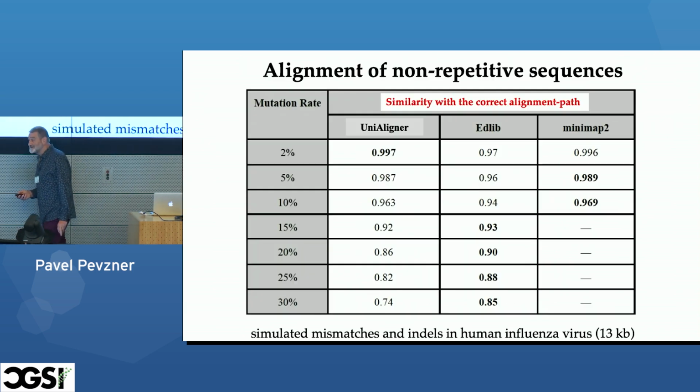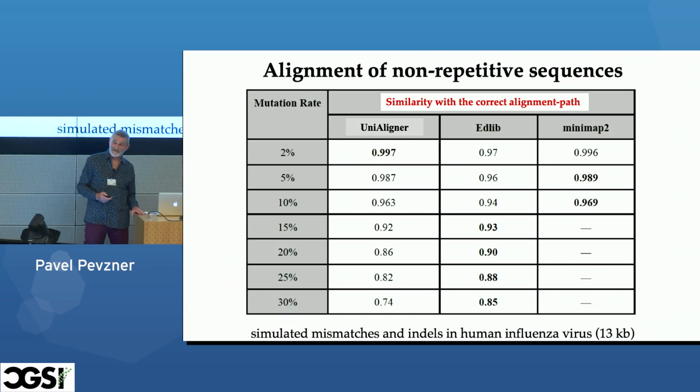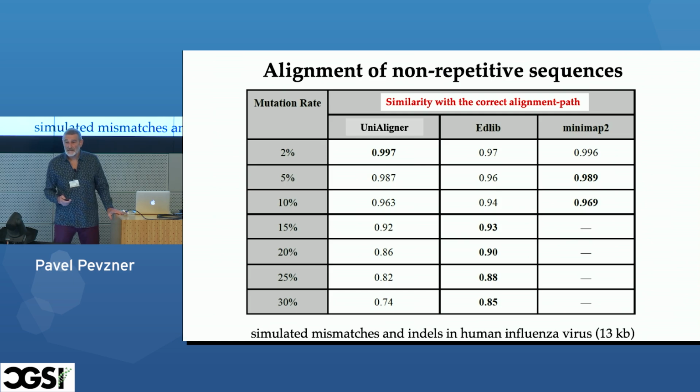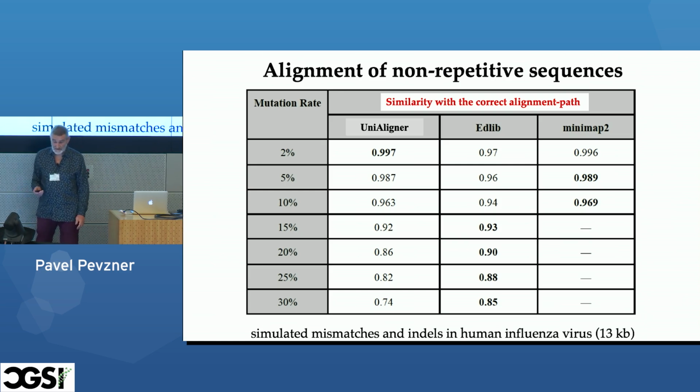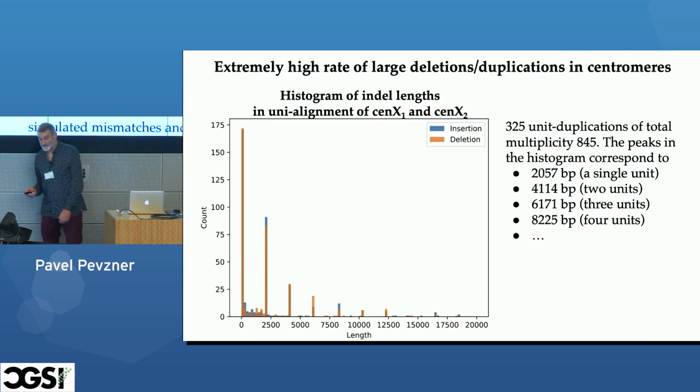What is interesting is that it was designed for highly repetitive regions, but as a matter of curiosity we decided to try it on regular regions. And it turned out that it worked very well on traditional non-repetitive regions. For regions that diverge by less than 10%, it performed roughly the same as the alignment tool or minimap, and continues to be OK for regions of lower similarity.